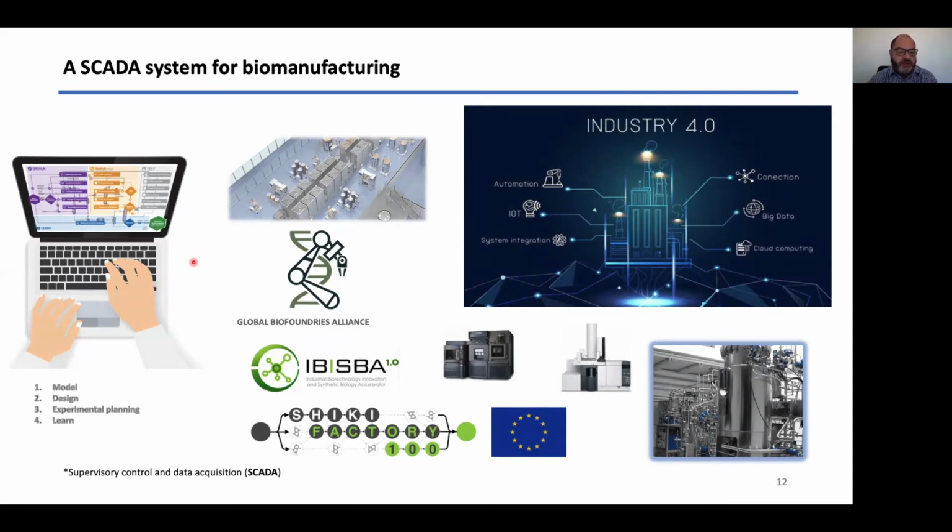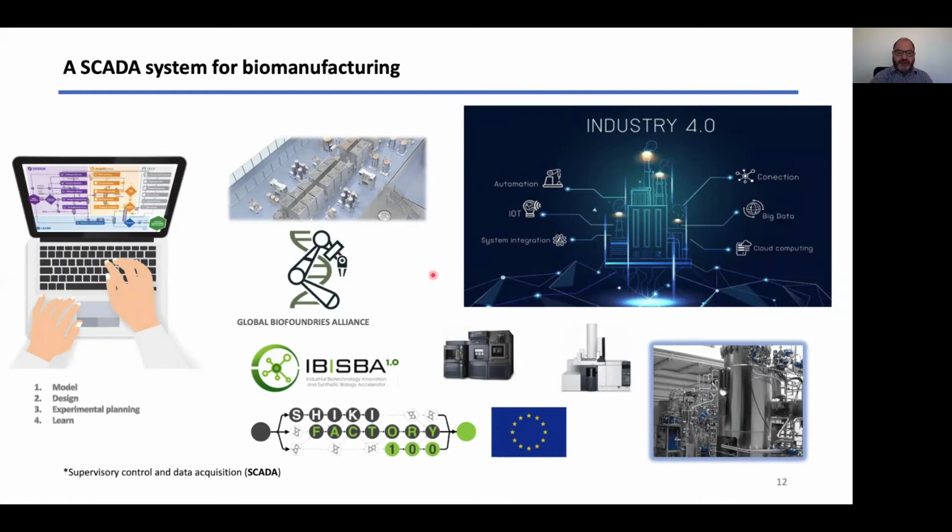And we would like to have the same approach now in our biomanufacturing environment, so that we can bring all these concepts coming from the industry 4.0, like automation, Internet of Things, big data, cloud computing, and everything can be controlled through this SCADA system that we can access from our computer.